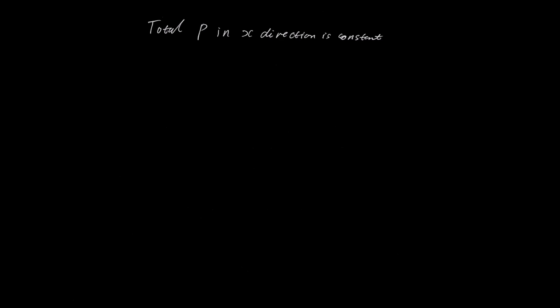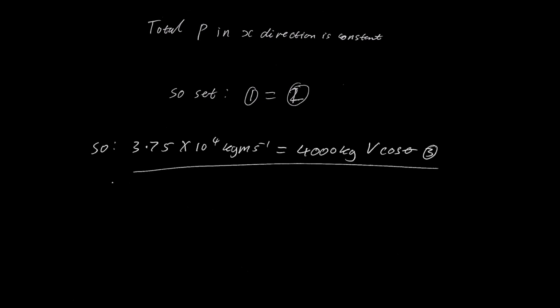This means the total momentum in the x direction is always constant, pxi equals pxf. So we can set equation 1 equal to equation 2. So we can say 3.75 times 10 to the 4 kilogram meters per second is equal to 4,000 kilograms times v cos theta. And we're saying this is equation 3.